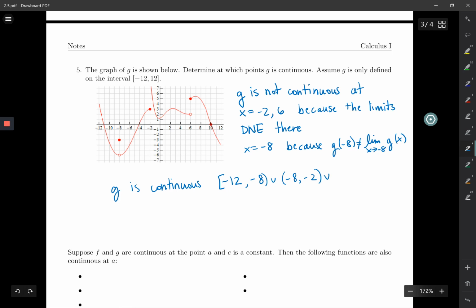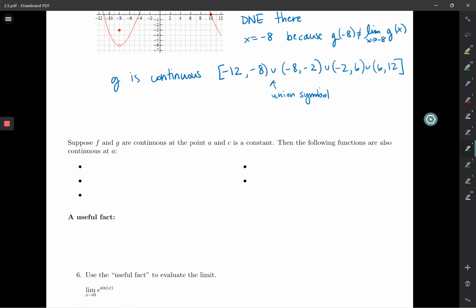And then from -2 up to 6. And then finally from 6 to 12, right? So, yeah, you could write it this way. I also wouldn't mind if instead of using a union symbol, you just use a comma between the intervals. That's fine too.